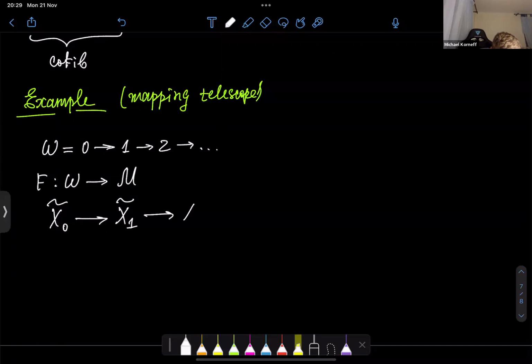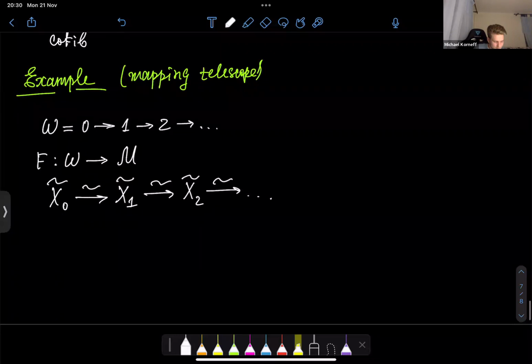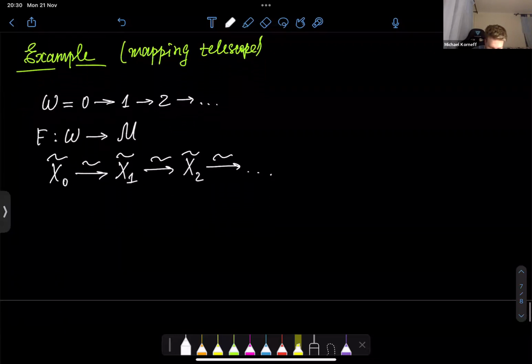We just take the pointwise cofibrant replacements, and also we should replace the morphisms by trivial cofibrations. We can do this by induction.